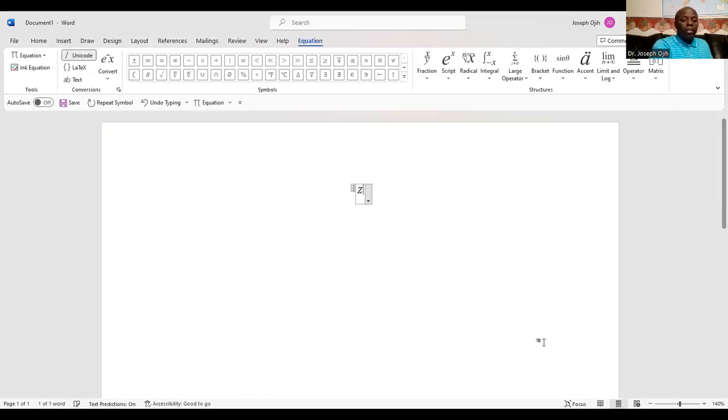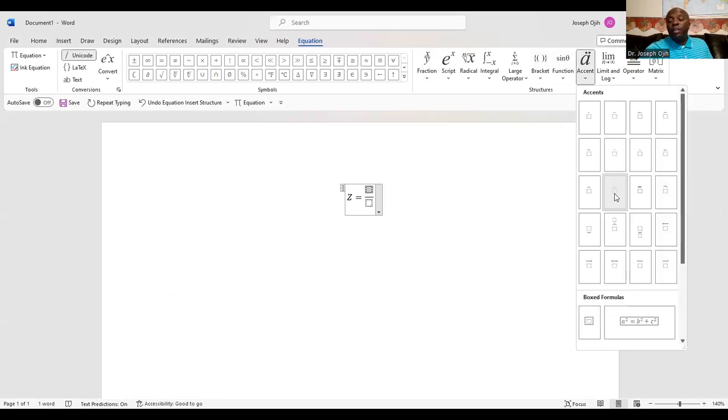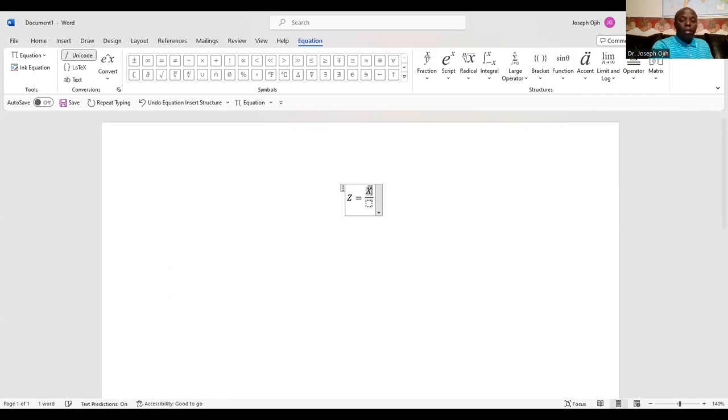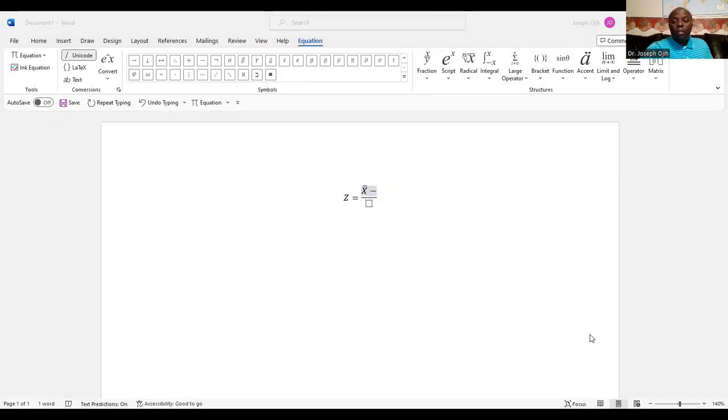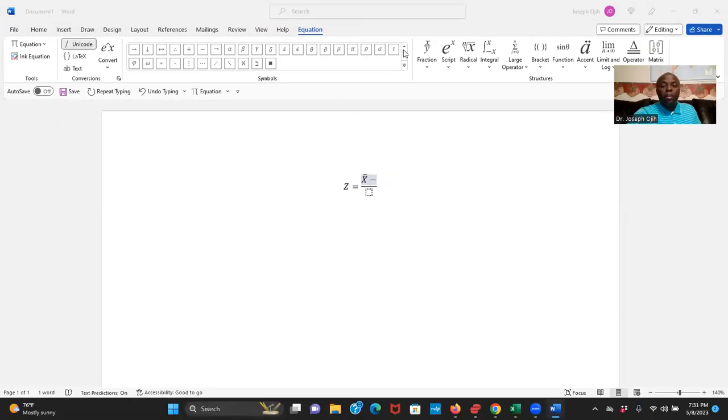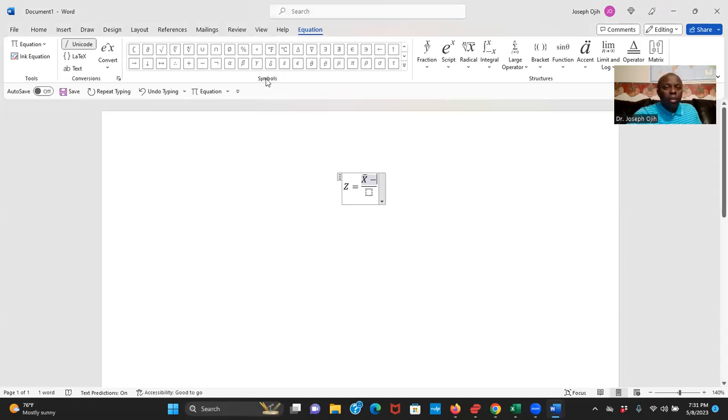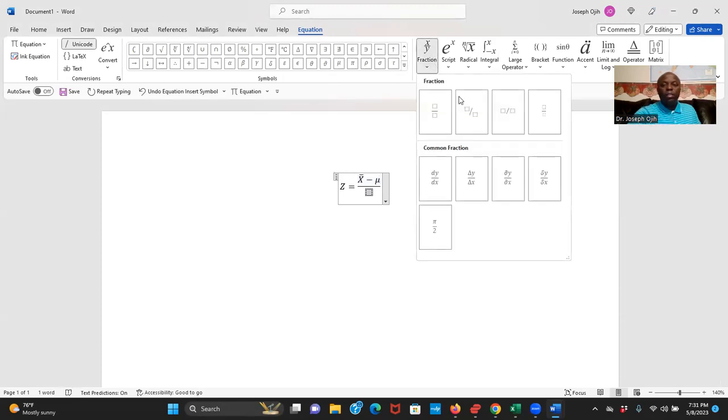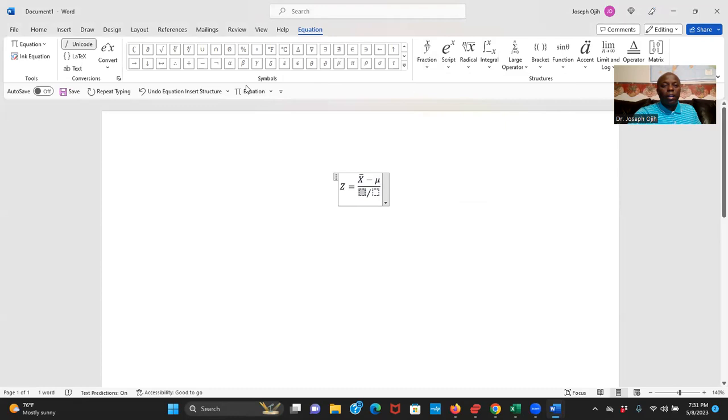It's written as the Z test: Z equals X bar, which is the sample mean, minus the population mean, which is this one here, the population mean, somewhere right here, divided by the standard deviation, sigma, over the square root of n.